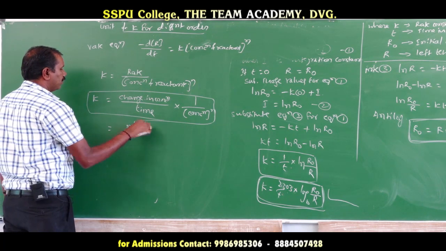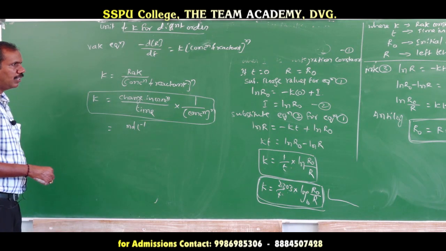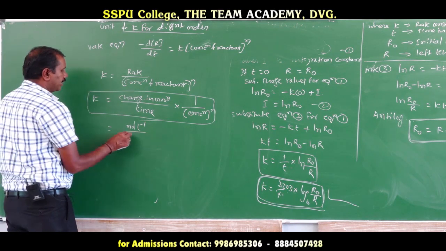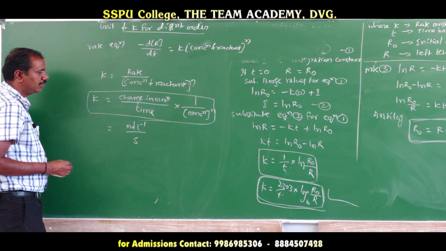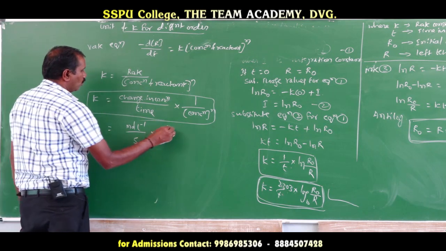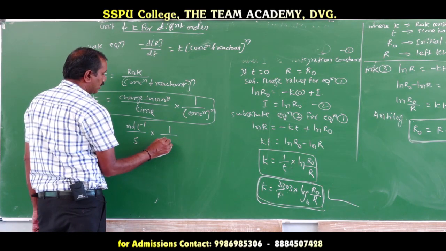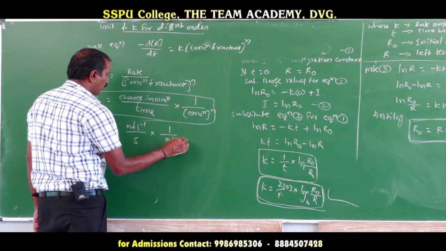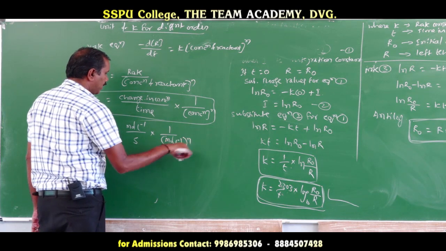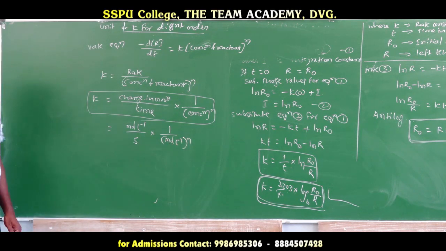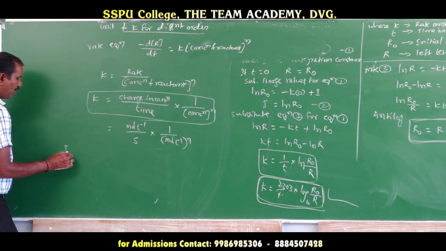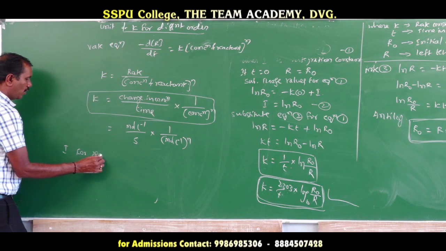Change in concentration means mole per liter, and time may be in seconds. Into 1 by concentration. Concentration is nothing but mole per liter to the power of n. So let us consider zero order.